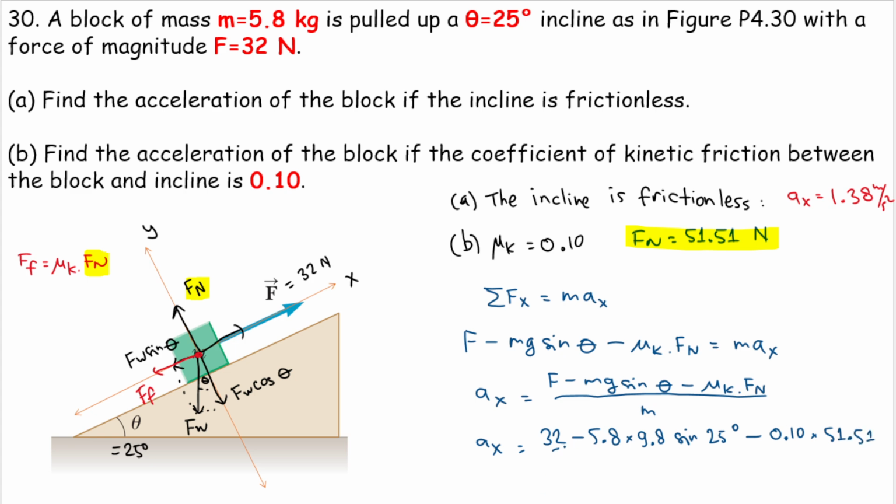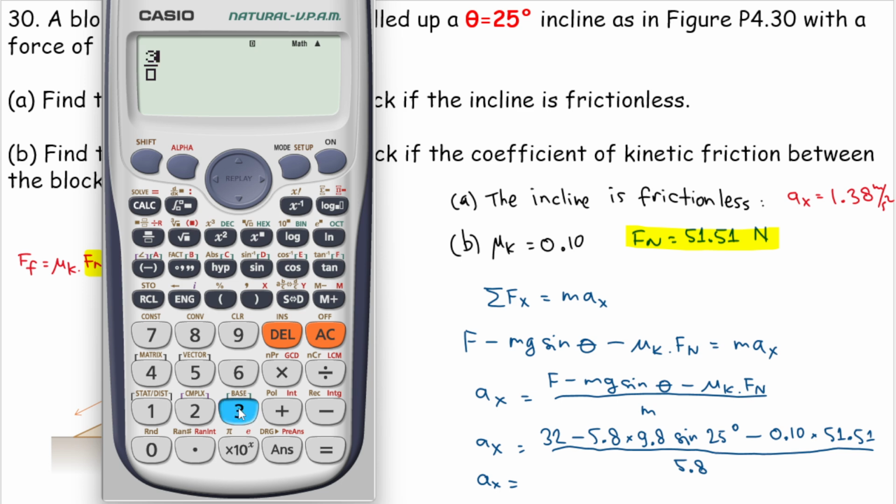Divide all that by the mass, 5.8. Okay, let's just plug that into the calculator: 32 minus 5.8 times 9.8 times sine 25 degrees, minus 0.10 multiplied by 51.51, divide that by 5.8. And I will have 0.49.